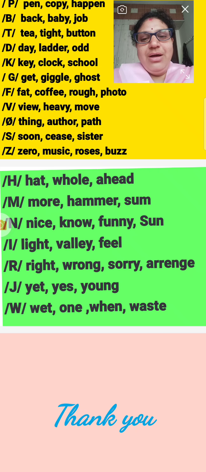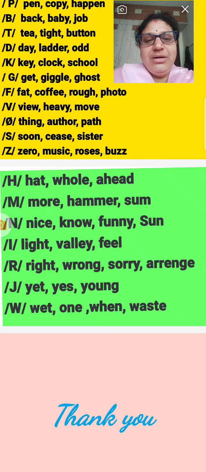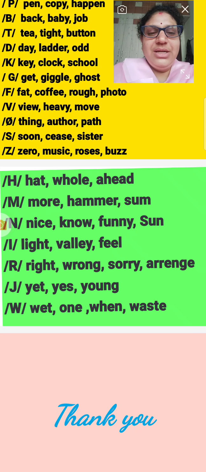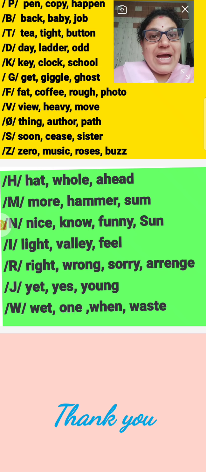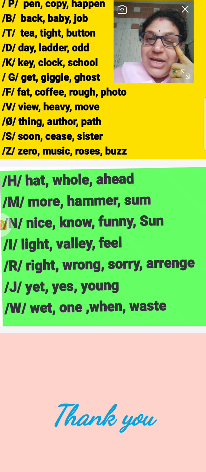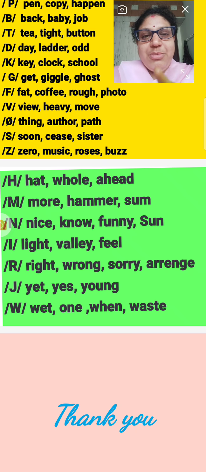And also the I sound: light has an I, but when you take valley, feel, or eye, in these there is no I letter, but it is pronounced as the I.